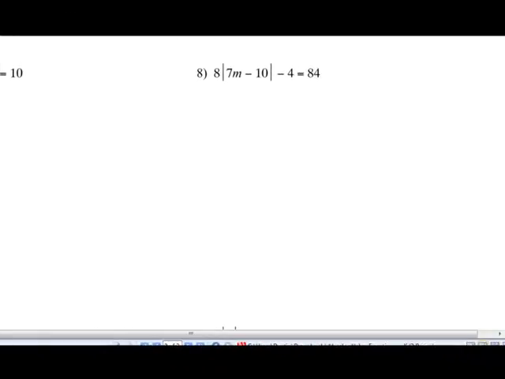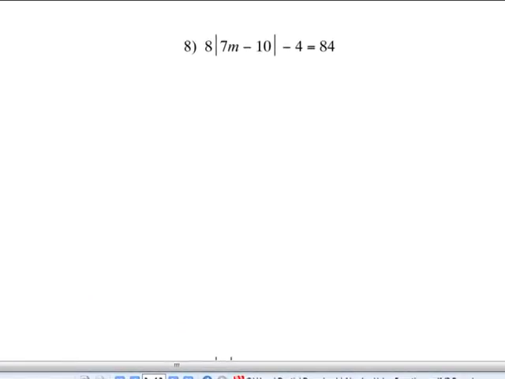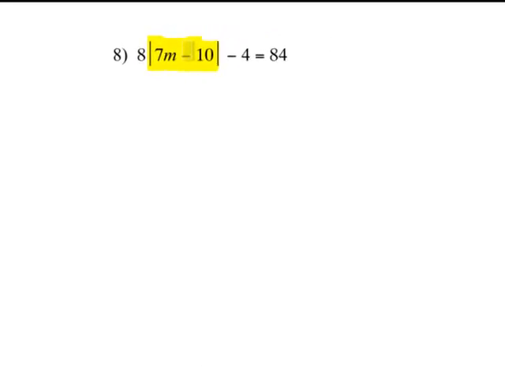Alright, before we leave, I thought we'd better try one of these more scary looking ones. Nothing to be scared about. What I like to do is isolate my absolute value. All this is kind of like just one big box, and I can't do anything to that box until I have everything else around it eliminated. So I'm going to eliminate everything else that I can. I have 8 times the box minus 4.